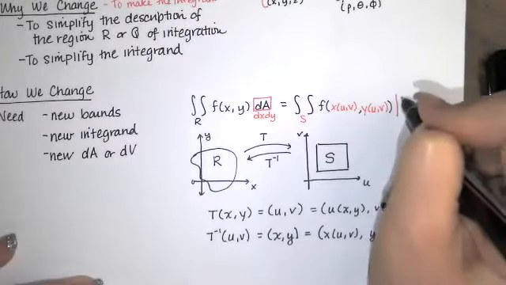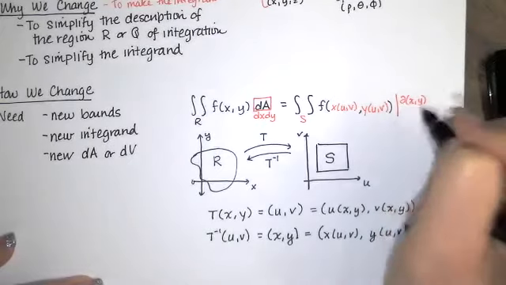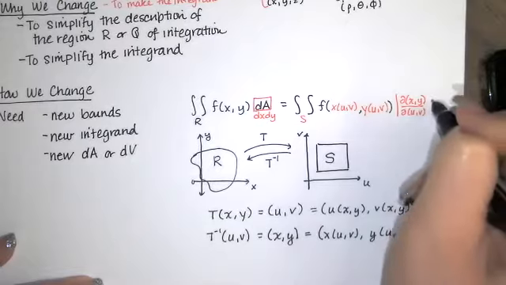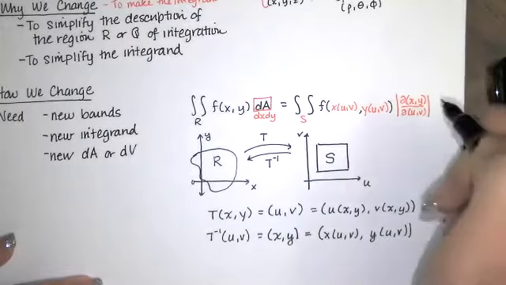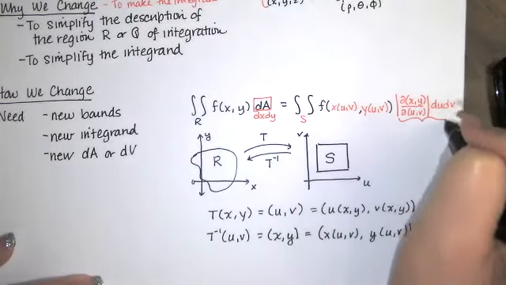It's the absolute value of the Jacobian of x and y, excuse me, with respect to u and v, times du times dv. That's your new dA.